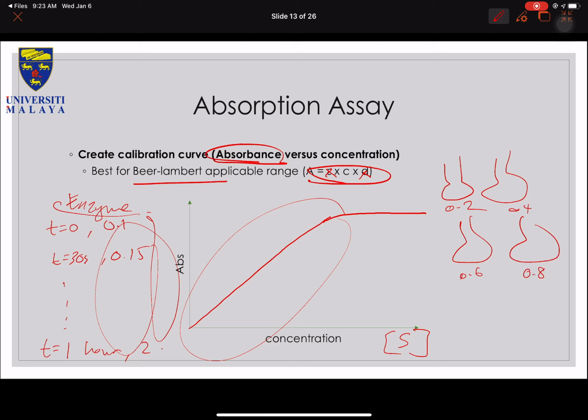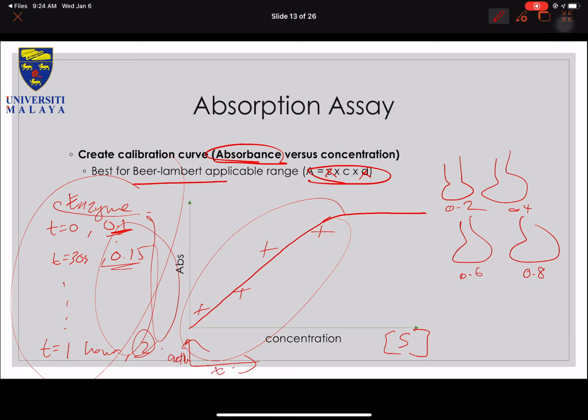Then you plot it and do a straight line, and hopefully it's directly proportional, so that when you do your enzyme activity and receive the absorbance value from the machine, you can know the concentration. Of course you need to do a second plot of activity and time.